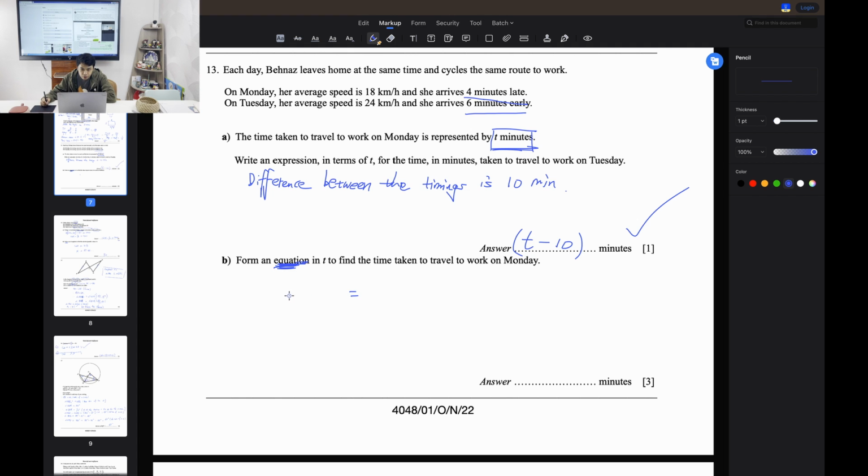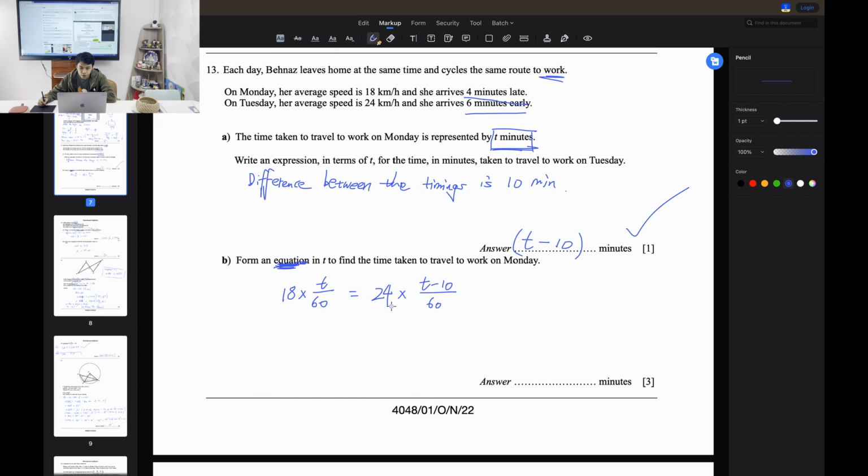So on Monday, she has traveled 18 kilometers per hour multiplied by the time, which is T minutes divided by 60 hours. This is speed times time, which is the distance from her house to work. Then if she travels at 24 kilometers per hour, she will do it in T minus 10 minutes.